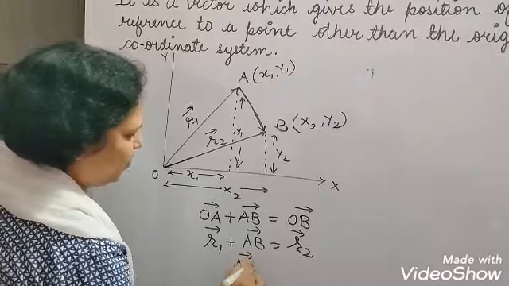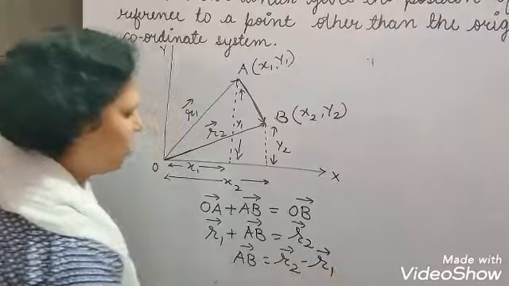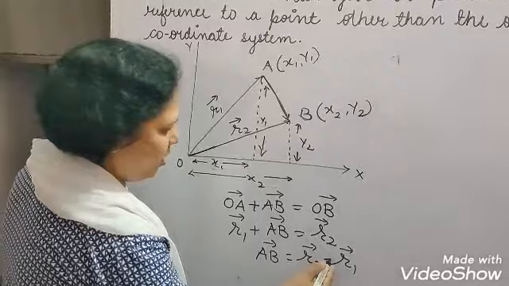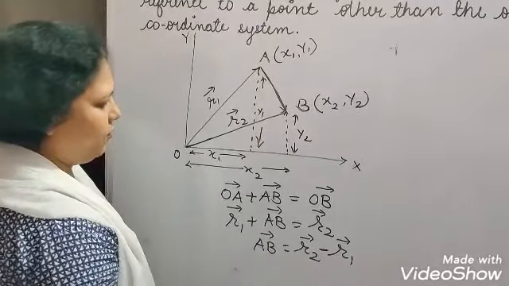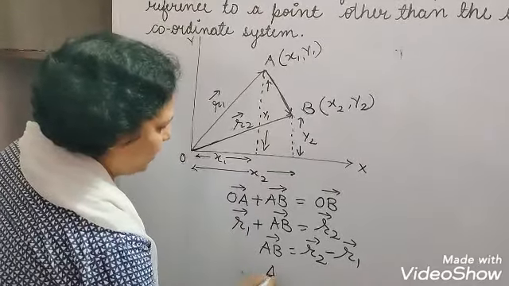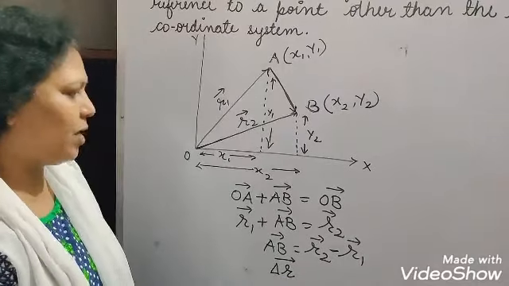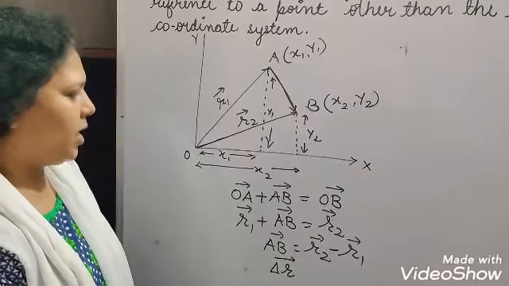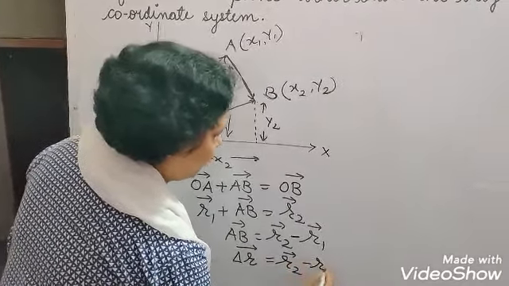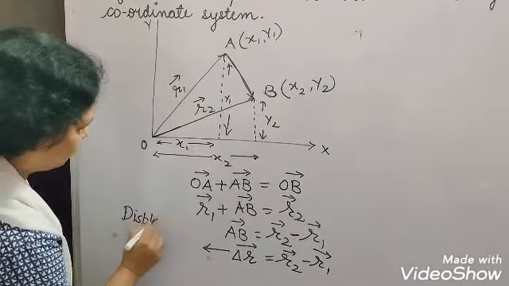AB is equal to r2 minus r1, r2 vector minus r1. So this difference of the r2 and r1 vectors will give us the displacement vector AB, which we can write as del r. Del r means the difference of r2 vector and r1, and this is called the displacement vector.